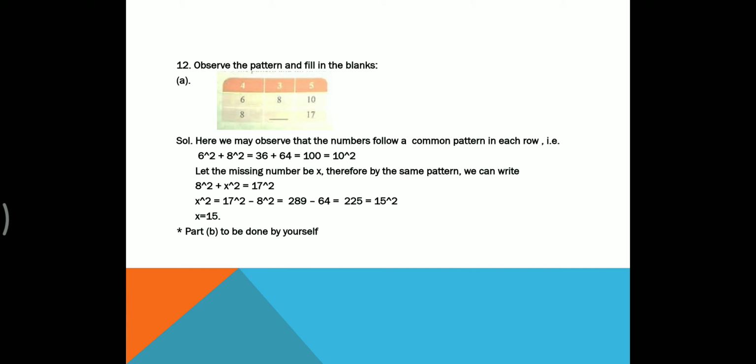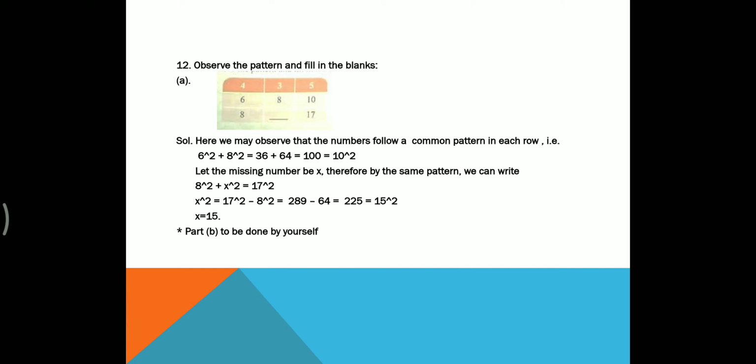Dear students, here we may observe that the numbers follow a common pattern in each row. If you can see over here, squaring the numbers, 6 square plus 8 square is 36 plus 64, that is 100. Now from this you can see that in this row it is 10 square. Let the missing number be x.